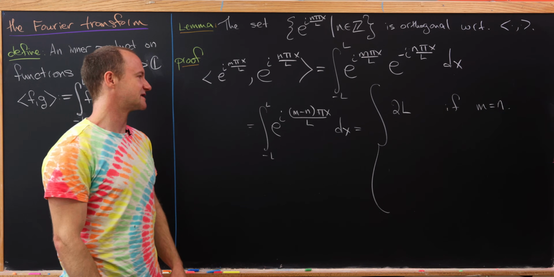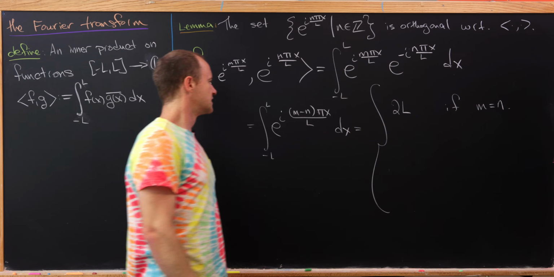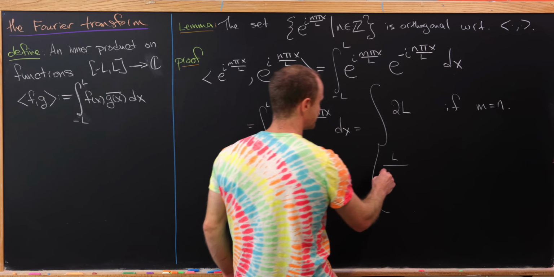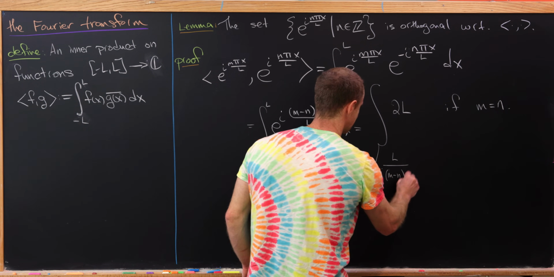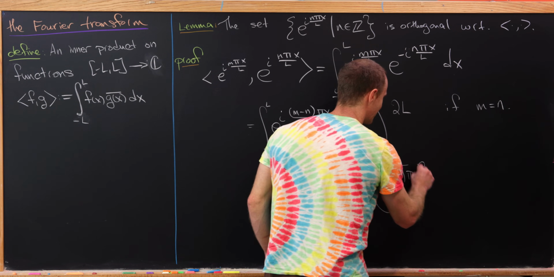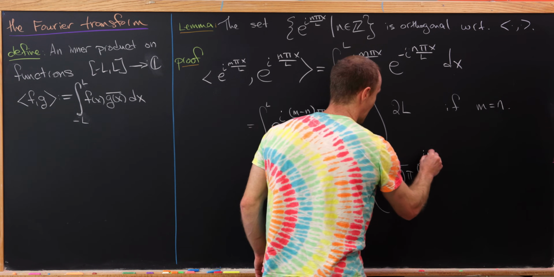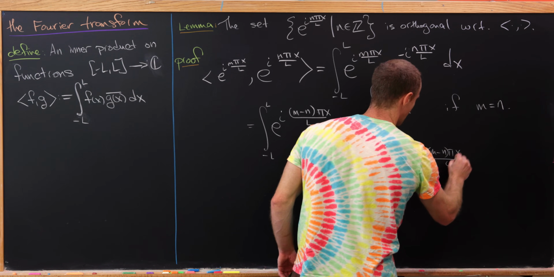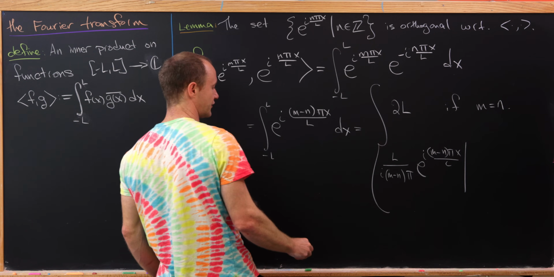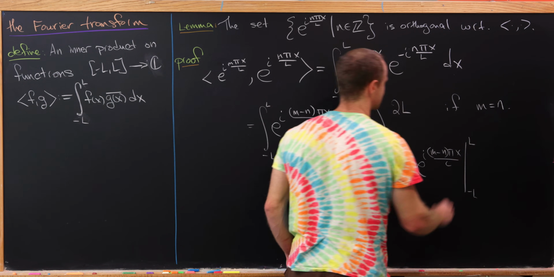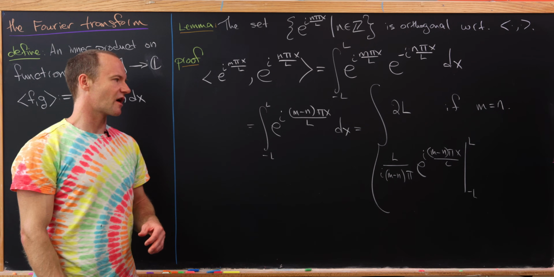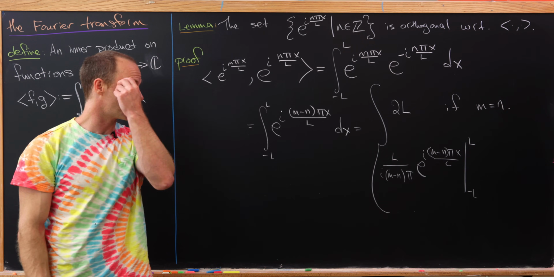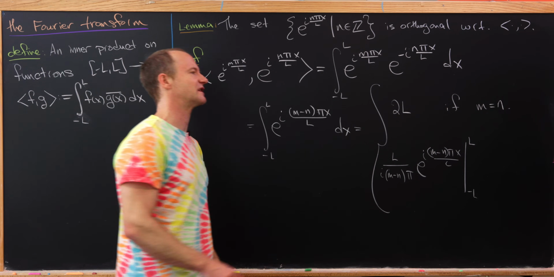Let's see what happens in this other case. Now I'll integrate, and that gives me L over i times (m minus n) times pi, times e to the i (m minus n) pi x over L, evaluated from minus L to L. But by the periodicity of the complex exponential, I'll get 0 for that, because I get the same thing plugging in L and minus L. I'll let you check the details of that.